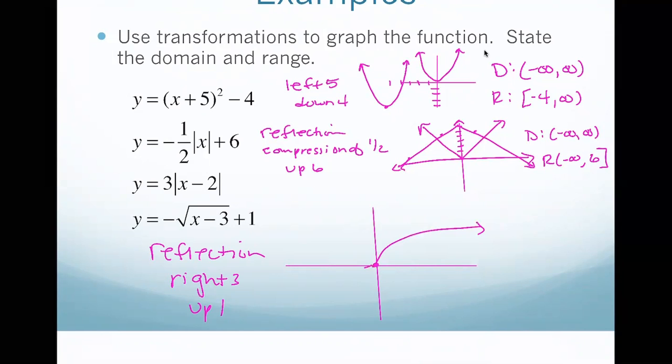So we're moving it right 3 and up 1, but it's going to reflect it. So it is going to go something like that. On this one, your domain, the x values that you can use, would be from 3 to infinity, and your range would be from negative infinity to 1.